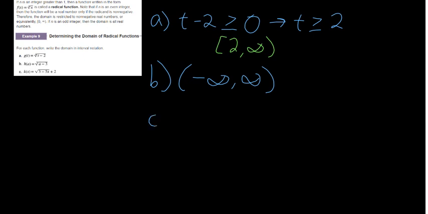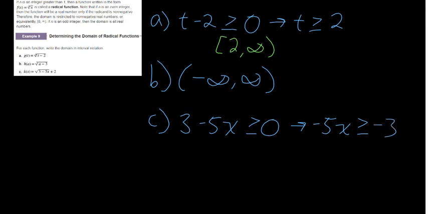And then C we're going to have to do similar to A. Okay, so it is an even index, so I'm going to have to set the radicand to greater than or equal to 0. So we would say 3 minus 5x is greater than or equal to 0. Okay, and then if I solve for x, we would say negative 5x is greater than or equal to negative 3.